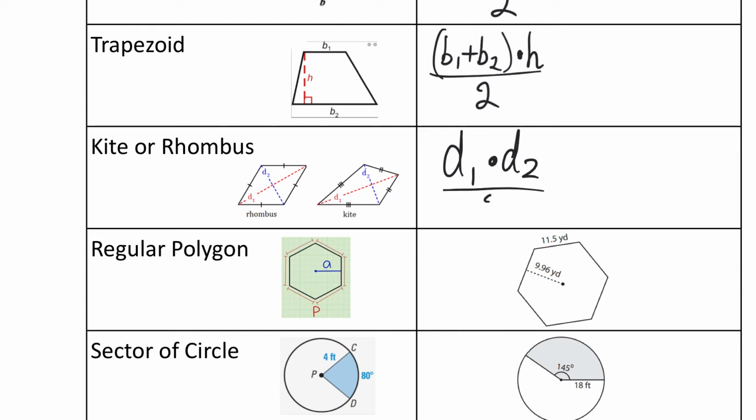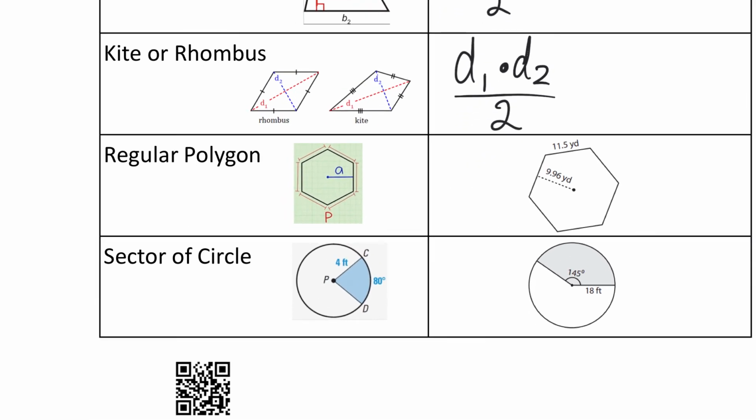Good, diagonal 1 times diagonal 2 divided by 2. The area of a regular polygon. Okay, and I write this one a little bit different. I just put apothem times perimeter, A times P, all divided by 2. Instead of putting the 1/2 or 0.5 out front, I just write it like that. It makes it a little bit easier, I think.